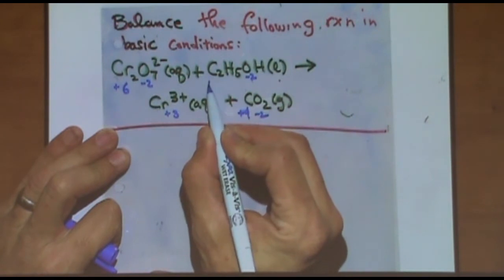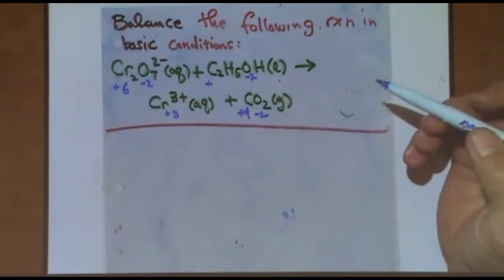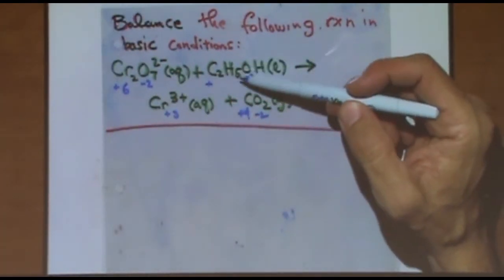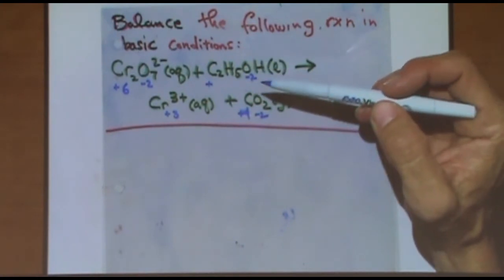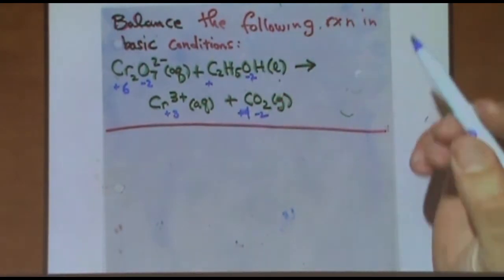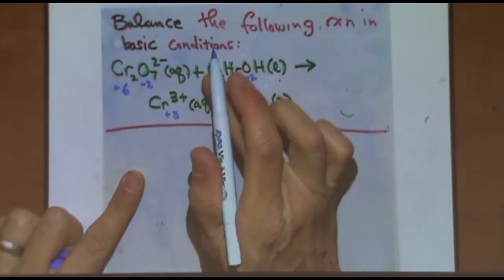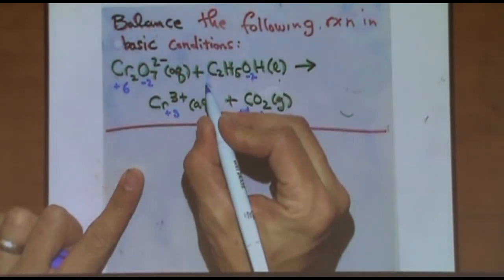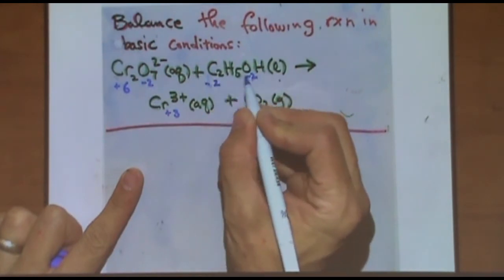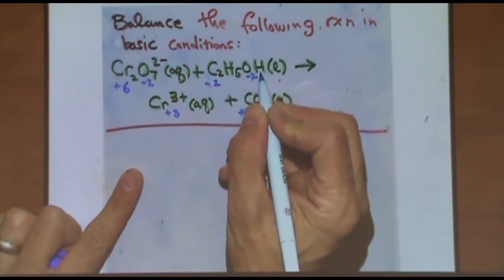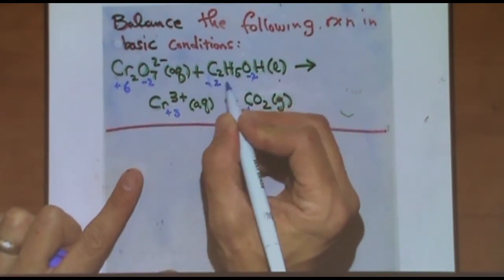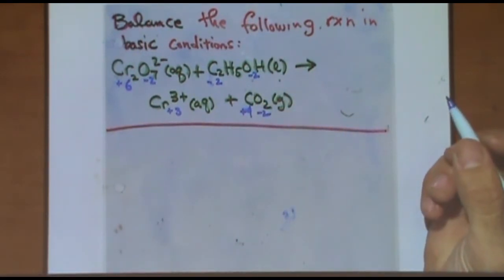Let's see what this carbon is here. Plus what, if we tried it? What do people get? Oh, it's -2. -2 plus 6. Yeah, that works.